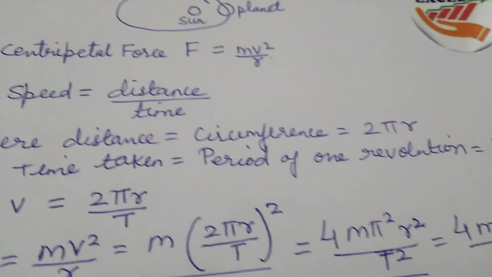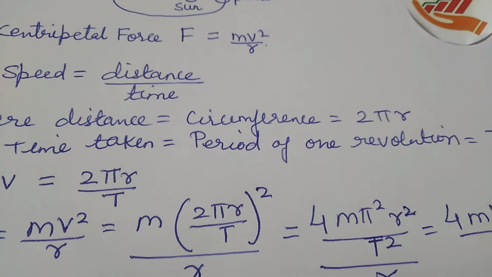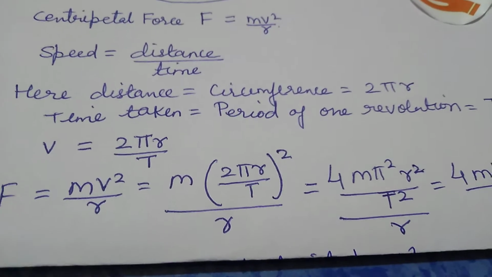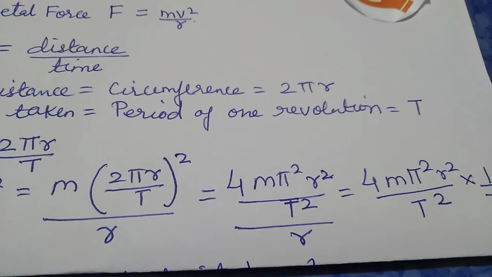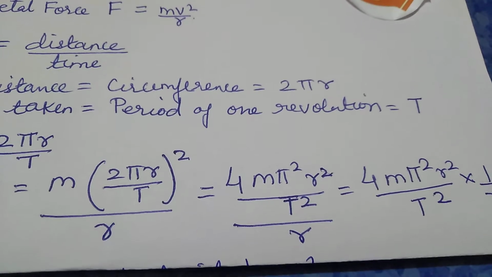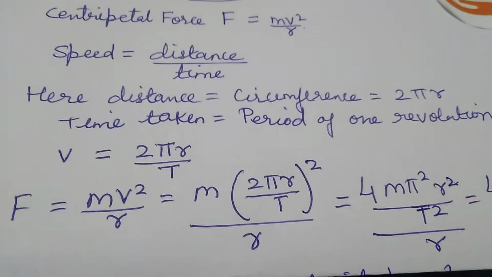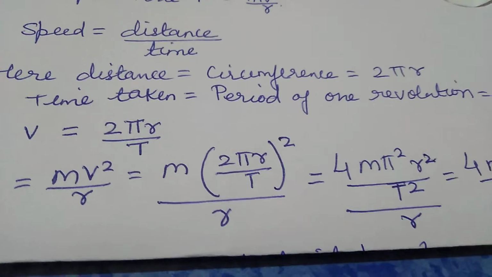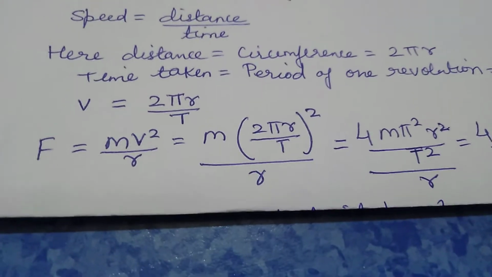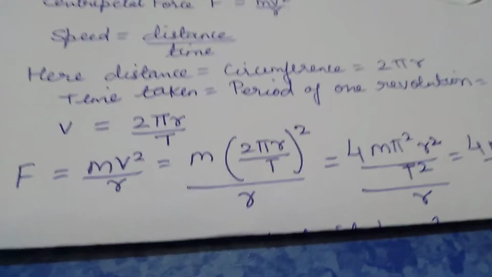That is the circumference, taken as 2 pi r. The time taken will be the time for one revolution, known as the time period, capital T. So V is equal to distance upon time. Distance is 2 pi r, the time period is T. So V becomes equal to 2 pi r upon T.